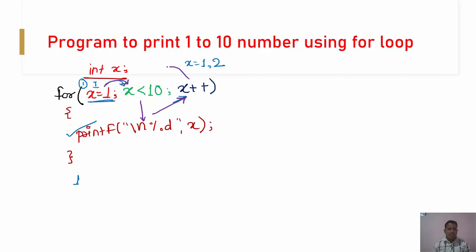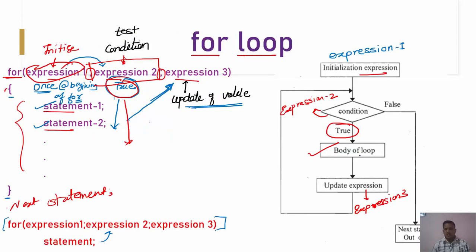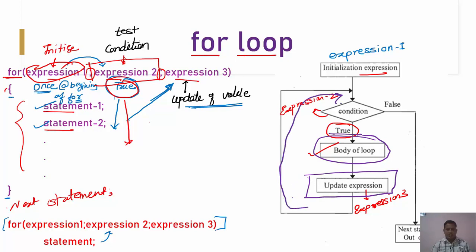After this it rechecks the condition as indicated here. Once the condition is true, the body of the loop is executed, and after that the expression is updated, and after updating it goes again to check the condition.